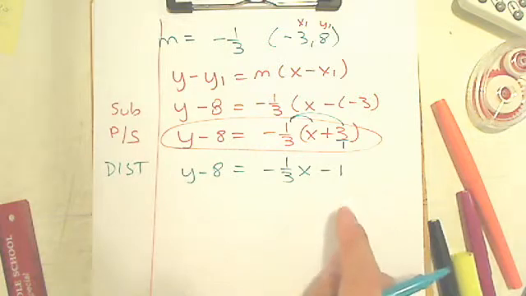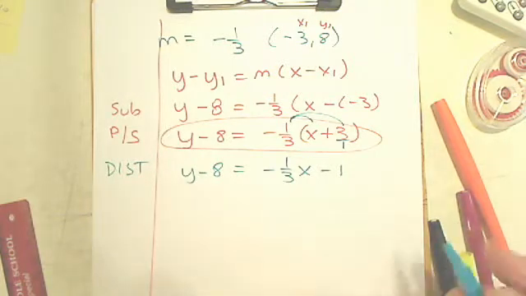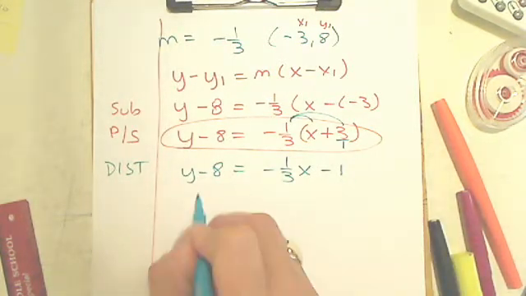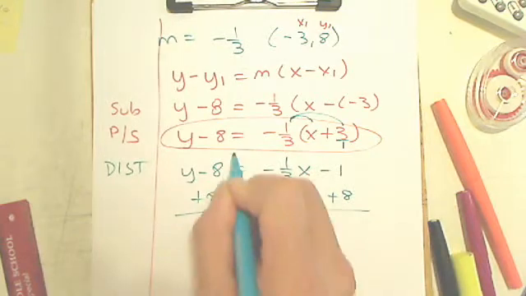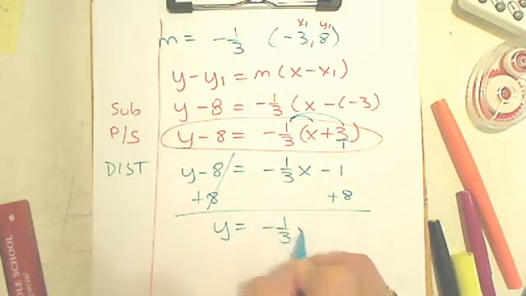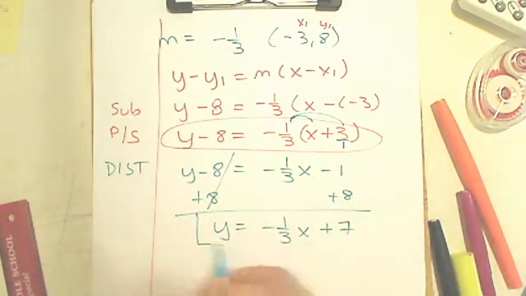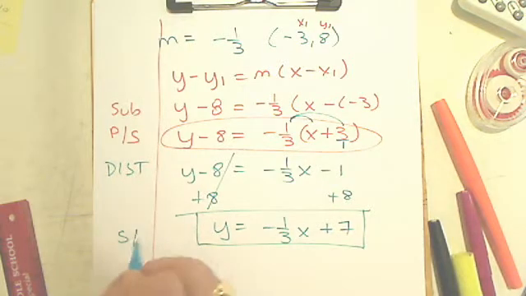Okay, and then if you keep on going, you're going to add 8 to both sides. Y equals negative 1/3 X plus 7. This is my slope intercept, SI, slope intercept form.